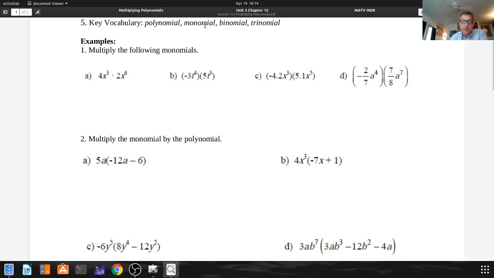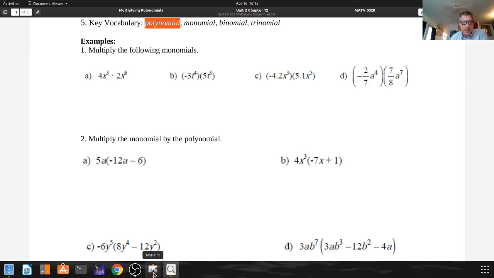Monomial, just one term. Binomial, two terms. Trinomial, three. And a polynomial, all of those are polynomials, but in particular, a polynomial with more than three terms, we have no other word for other than a polynomial. But like I said, I will probably just use the generic term polynomial.